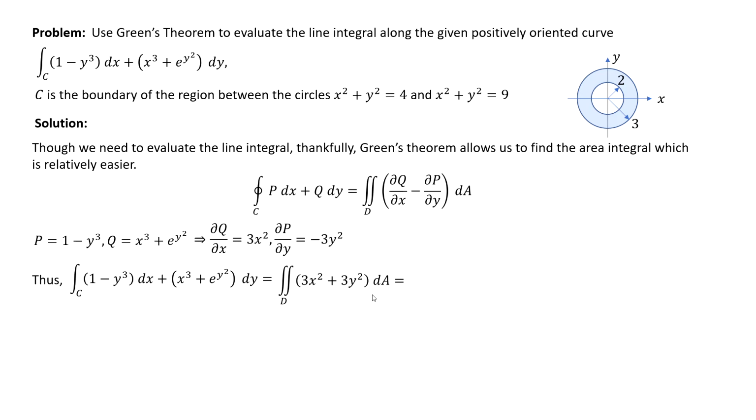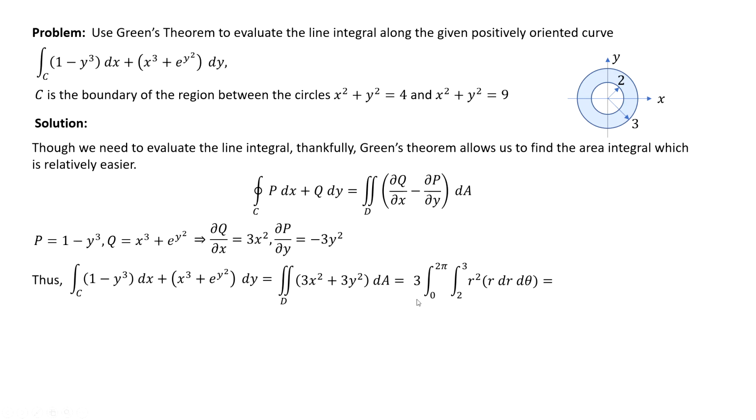So we will evaluate this using polar coordinates. I yanked out a 3, and x square plus y square in polar is r square. dA, remember you cannot say dr d theta. dA is r dr d theta.